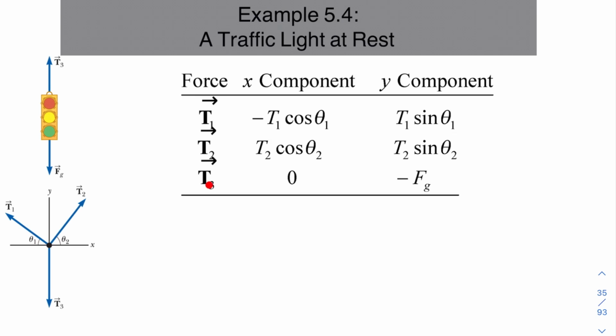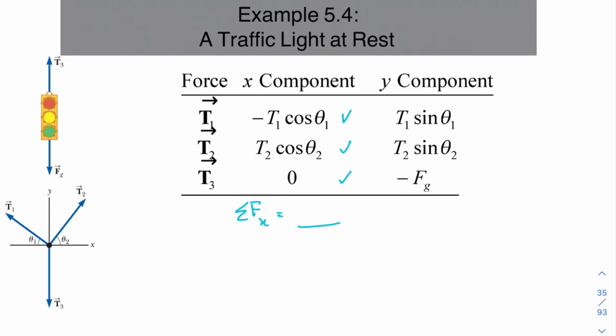For each of the forces, the vector, list down the x component and the y component. When you want to do the sum, you directly put it here. Sum of Fx is equivalent to the sum of everything here. This one plus this one plus this one equals this one.